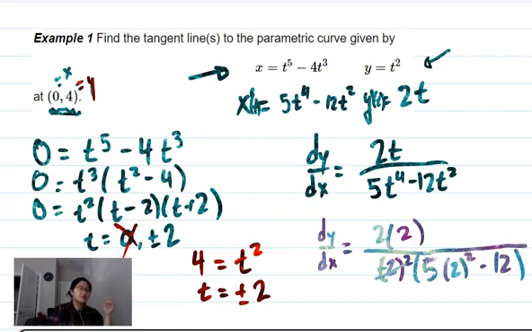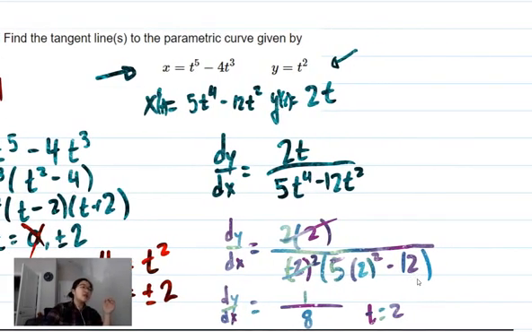Okay, so then those go to 1 and we end up with the reciprocal of 5 times 4 is 20 minus 12 is 8. So dy/dx equals 1/8 for t equals 2.